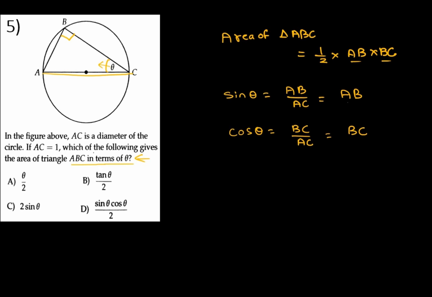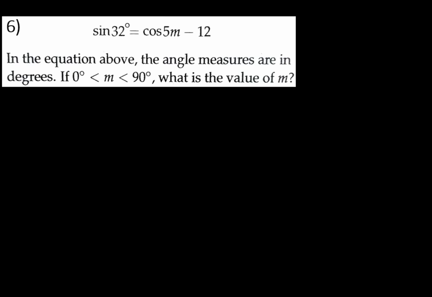Now if you look at the area of the triangle, it's quite straightforward. The area of triangle ABC will be equal to half times sine theta times cos theta. If you look at the options, option D gives you the correct answer. So let's move to the last question.